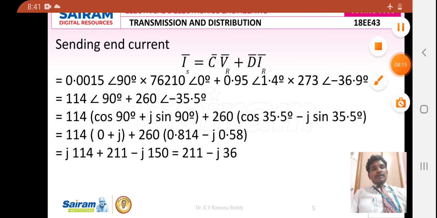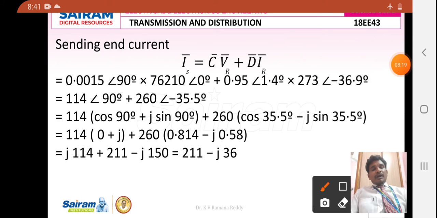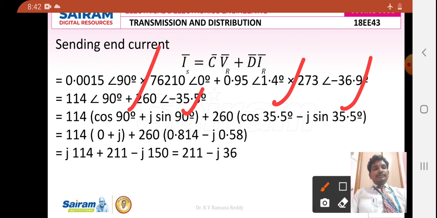Like that we write the equation: cos of 90 plus j sin of 90, plus 260 at an angle of minus pi r, that is e power minus j pi r, that is cos of pi r minus j sin pi r. Here pi r means 35.5 degree.